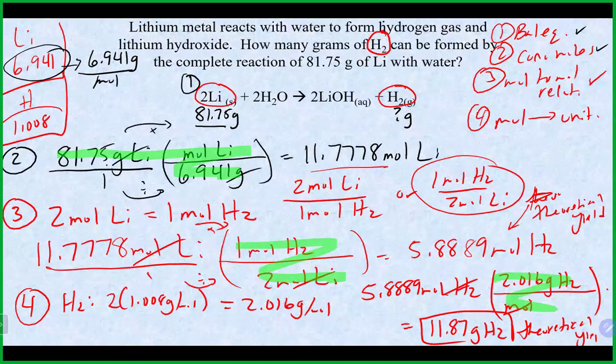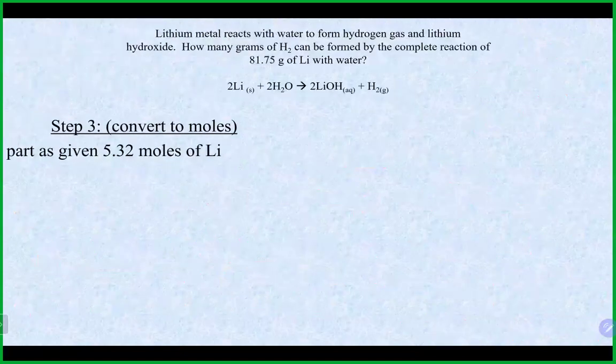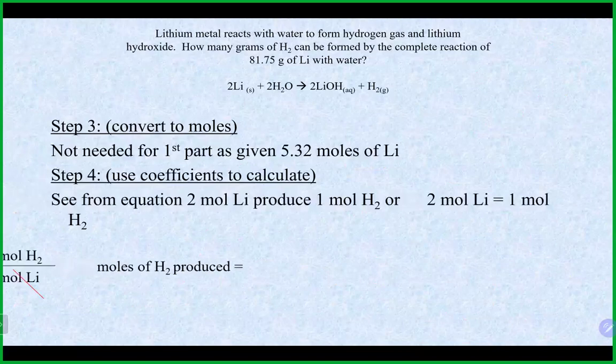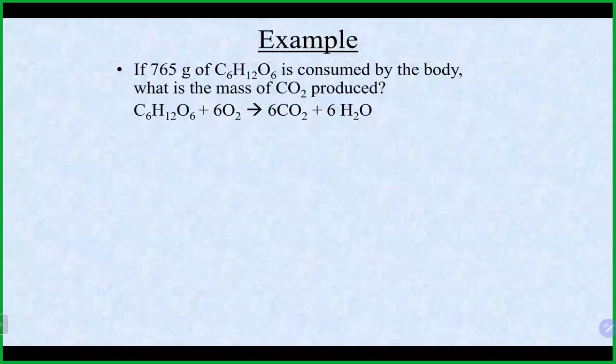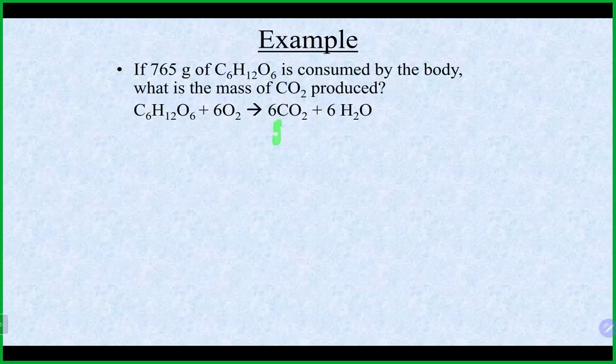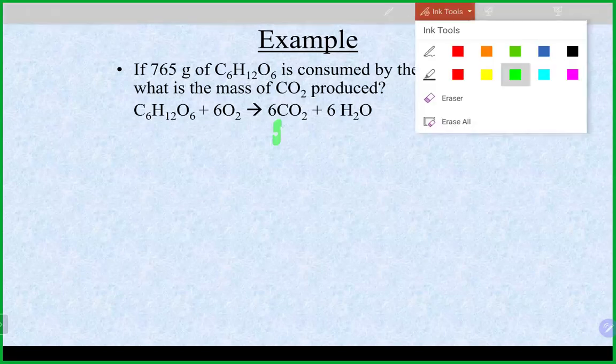All right, let's try one more here. This is the one we just did, so I'll scroll it across in case you want to see it later. All right, so let's try this one here. If you started with 765 grams of C6H12O6, how many grams of CO2 would you produce? So we're looking for grams of CO2 in this case.